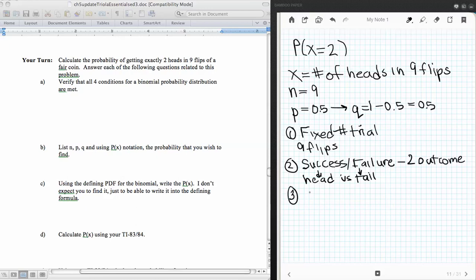Then there's a constant probability of a success. Every time you flip a coin, it's a 50-50 shot to get a head, so the probability of success doesn't change on any flip and is equal to 0.5. One flip doesn't affect another.